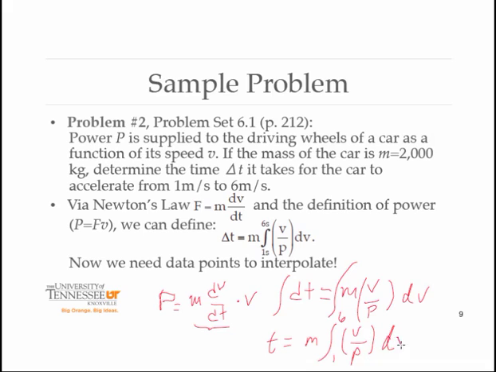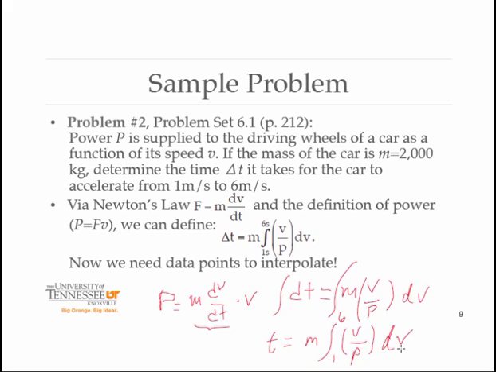It doesn't look exactly like the canonical integral of f of x dx, but it's similar because the function is just this ratio v over p. P is assumed to be some function of v, and the dx is going to be dv.